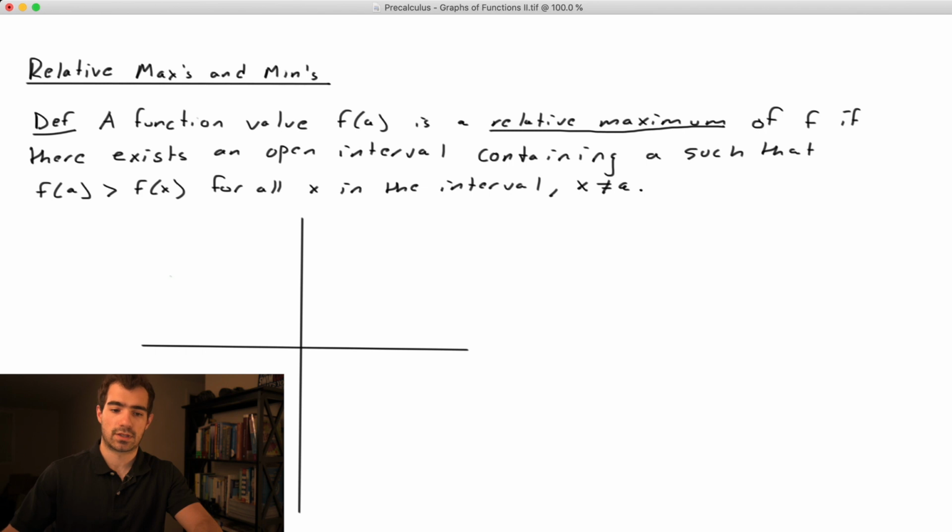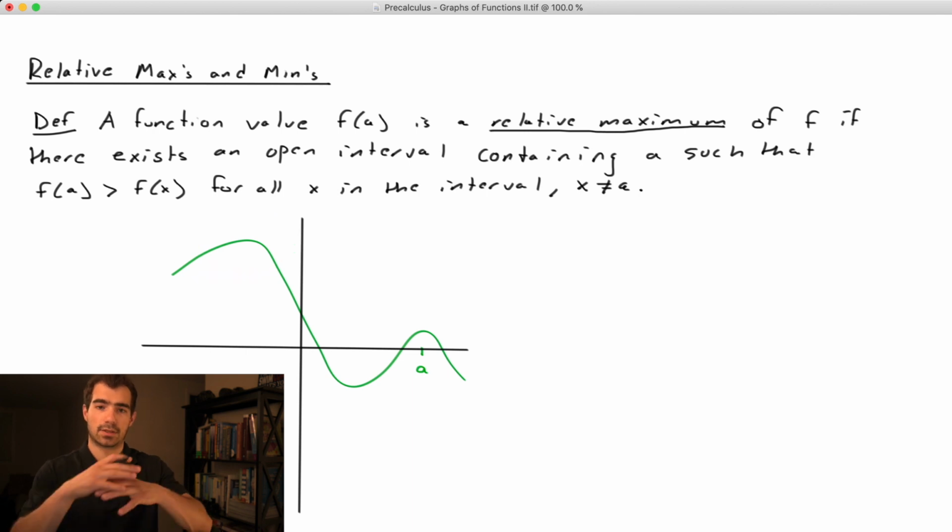Let's say we had a function that looked something like this. And let's say that this here was a. You can probably guess that this value up here is going to represent the global max, like the overall max for the whole function. But we've also got kind of a peak down here, right? And this here is going to represent our relative max.